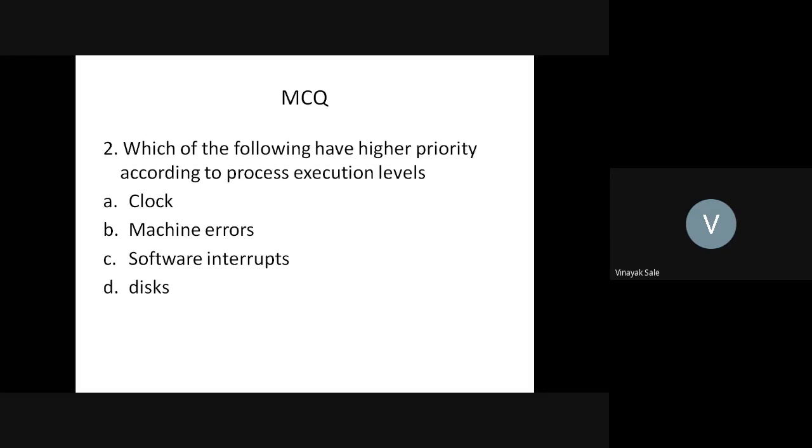The highest priority as per the process execution level goes to the clock.